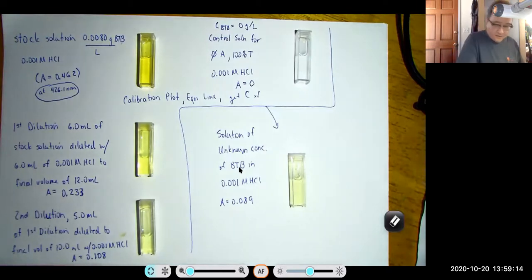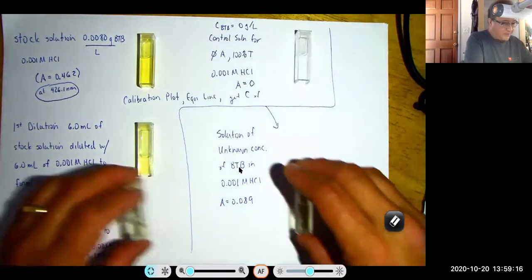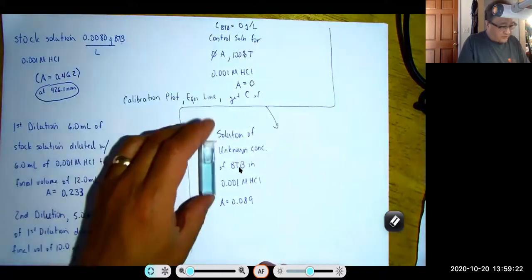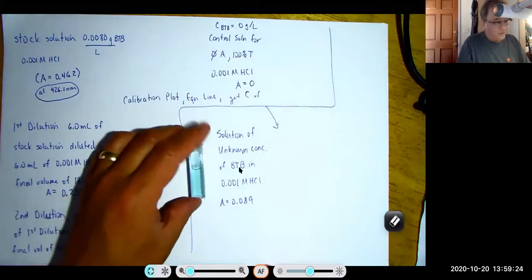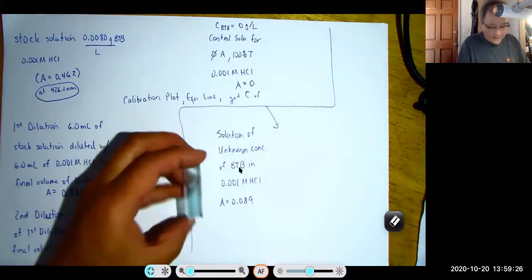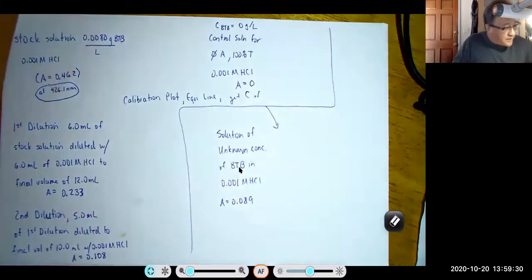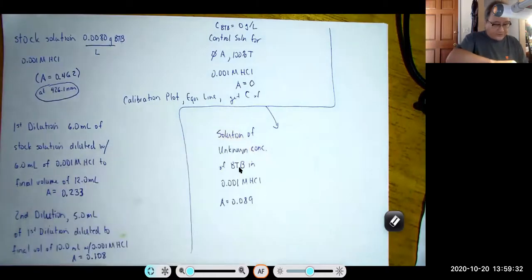Okay, the last thing I want to show you is I want to put these off to the side. I want to show you this solution here. So this solution here looks kind of like the blue solution, but it's got a little bit of a different color. Actually, I'm not going to use this solution. I'm going to use this solution here.